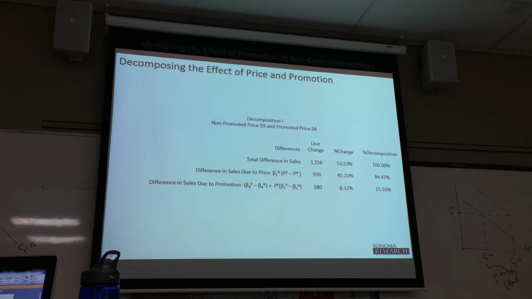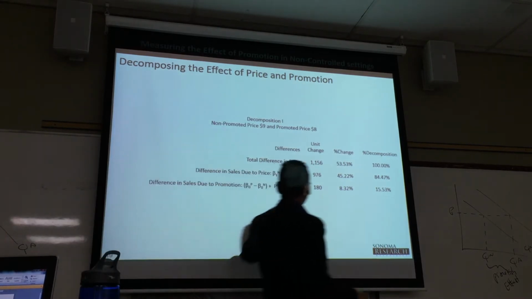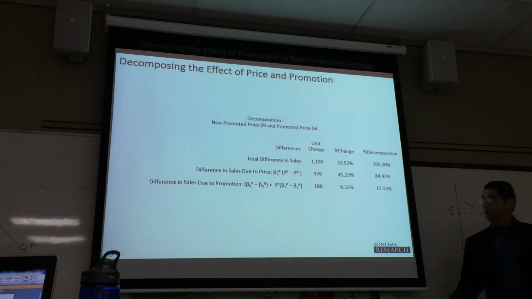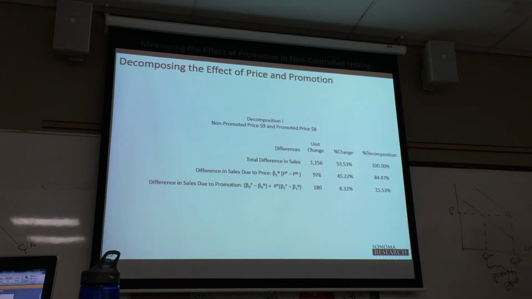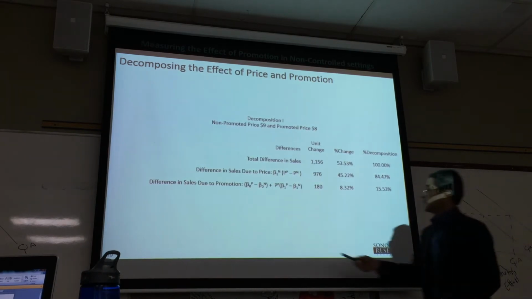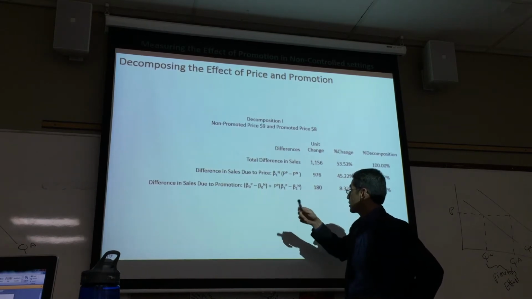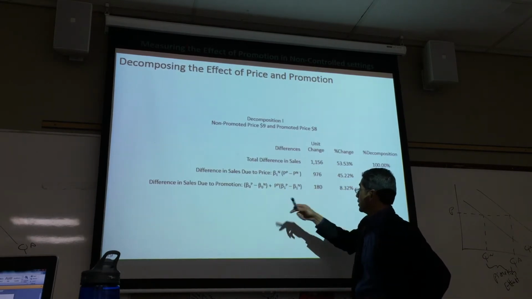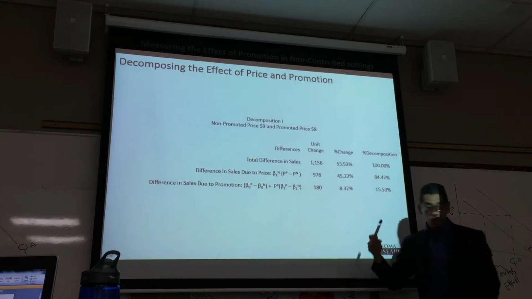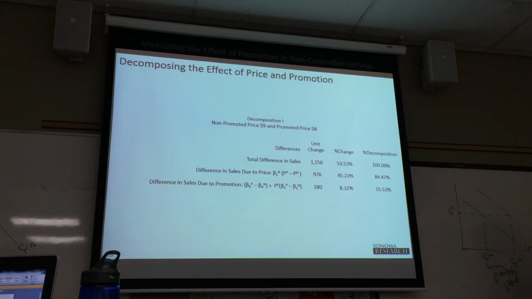Now, using that big formula, and again, they're just coefficients, so we know what beta 0 is. It's the intercept of the promoted demand curve. We know what beta 0n is. It's the intercept of the non-promoted demand curve. We know what the beta 1s are. They're the slope coefficients of the promoted and non-promoted demand curves. These are just coefficients.